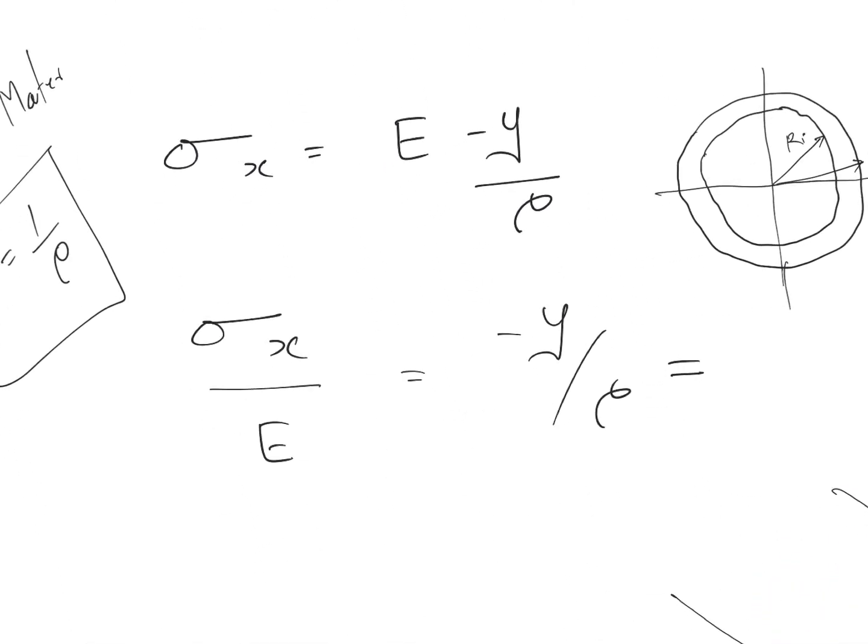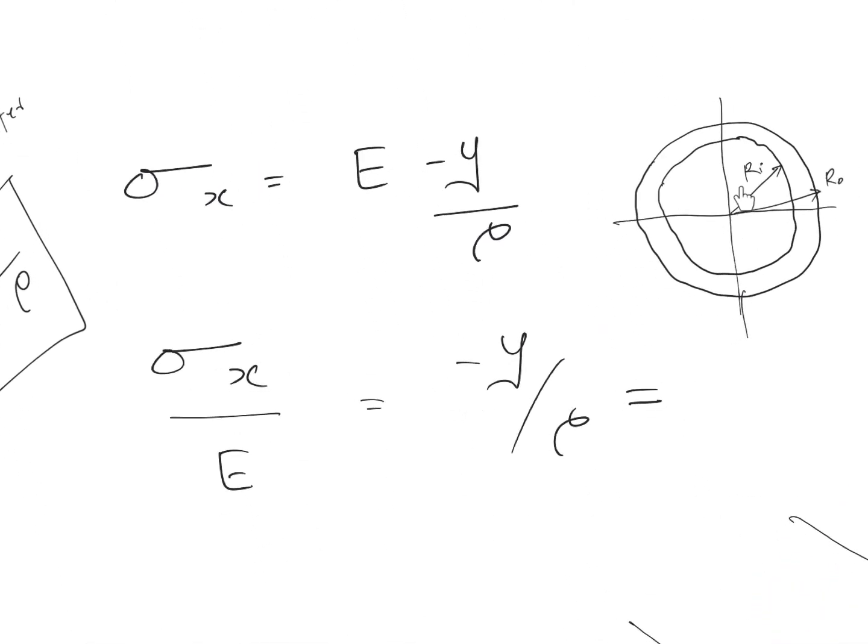So in this example, rho will be (Ro plus Ri) divided by 2. Makes sense? Because that's where the neutral axis lies in this particular problem. The neutral axis may not always go through the center.